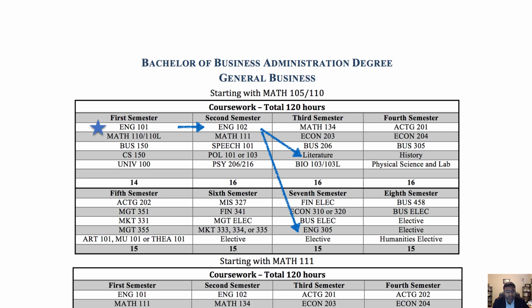A more serious delay is your math requirement. A lot of you start off with Math 110 or Math 105, then do Math 111, then 134. After you do 134, you can take Business 305 and Finance 341, and finally Management 355.